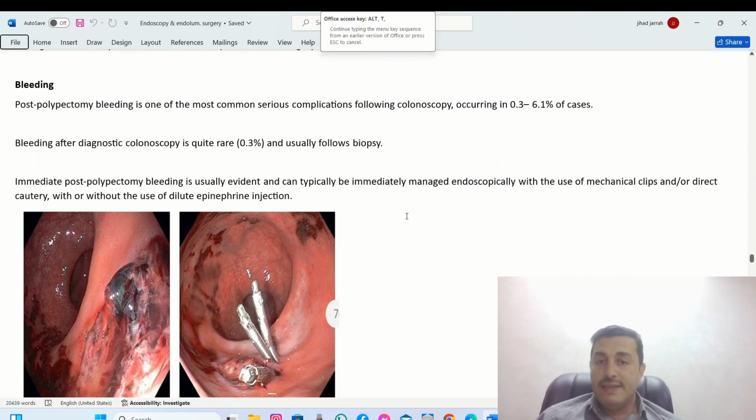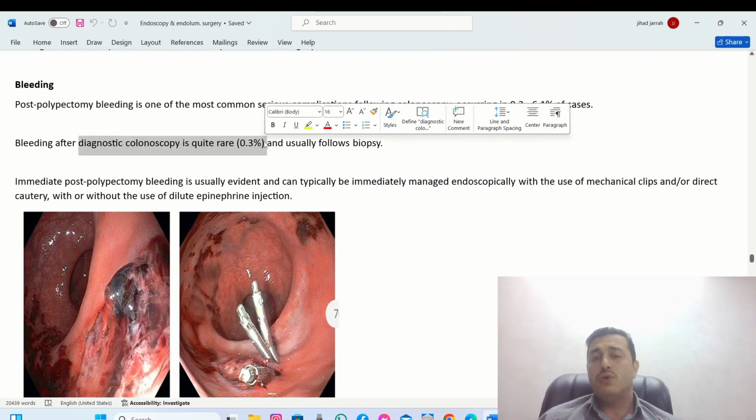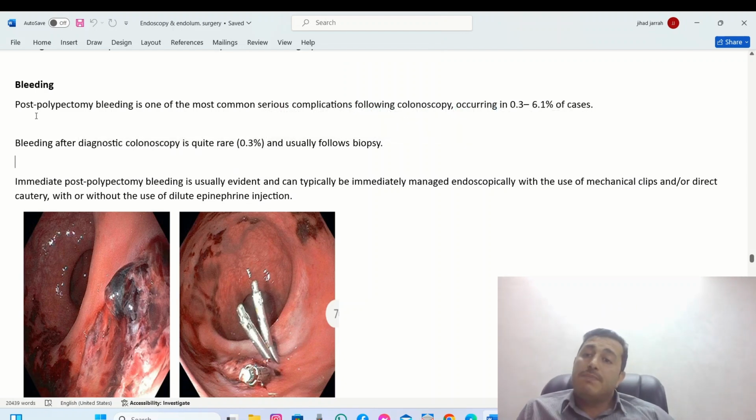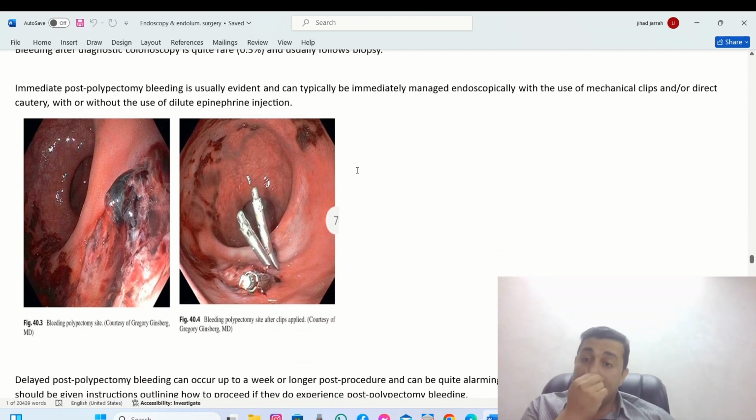Now, bleeding. Bleeding can occur during diagnostic colonoscopy, and this is rare, up to 0.3%, or it can be post-polypectomy, which is a little bit higher, up to 6%, and this depends on the size of the polyp itself. We will see in the next few seconds.